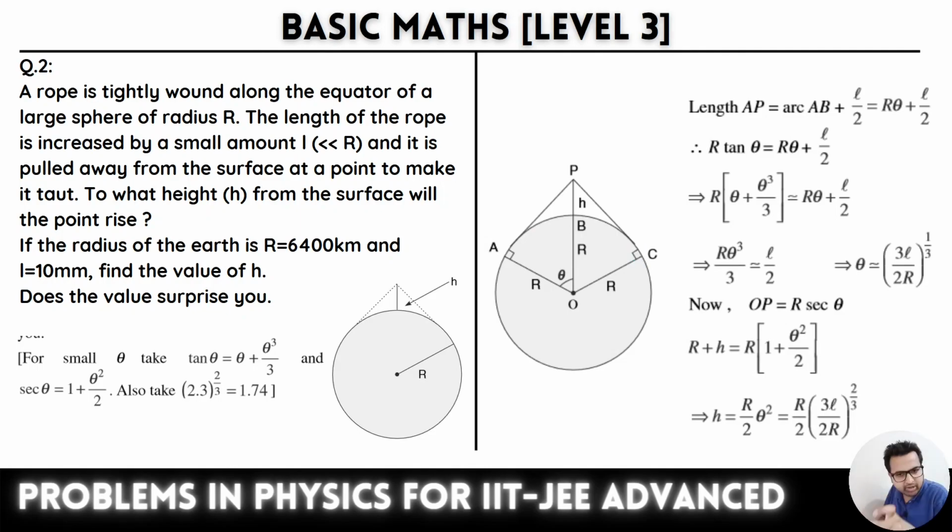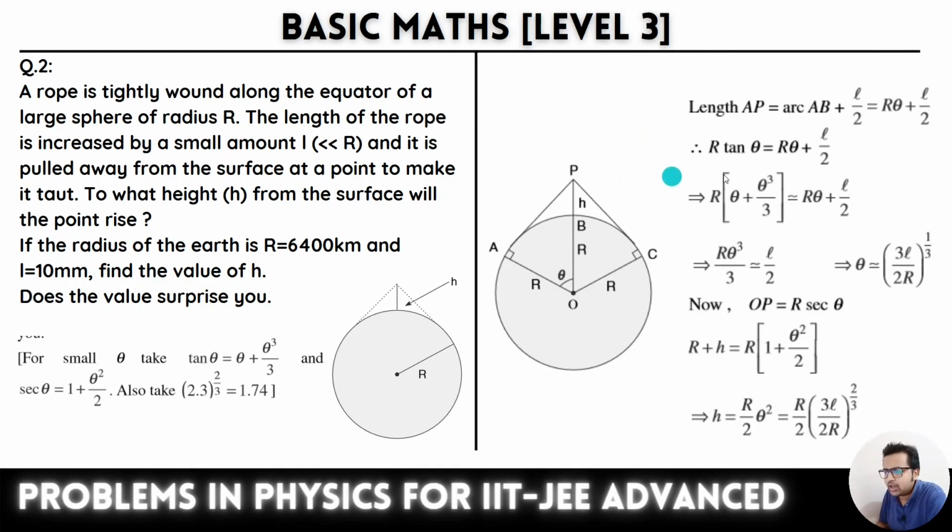So AP is equal to the original length, that is the length of arc AB, plus L by 2, and theta is equal to arc upon radius. So arc will be theta into radius, so arc AB will be r theta. So we can write r theta plus L by 2. And what is AP? Because it is a right angle triangle, you can apply trigonometry. You know that tan theta is equal to perpendicular upon base. So very easily you can look into that.